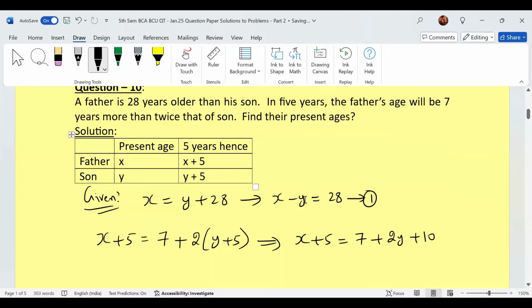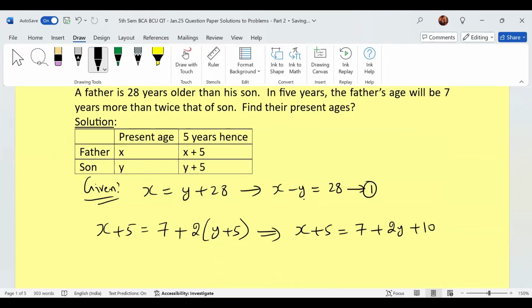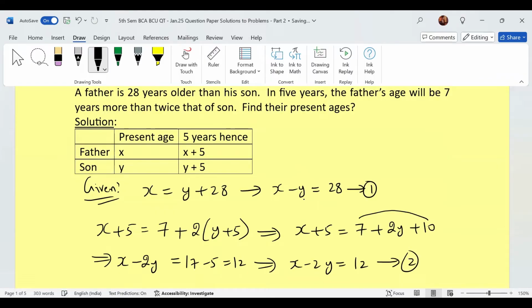Further simplifying this, we will bring all x and y to one side, which means x minus 2y is equal to, these two together is 17 minus 5, which is 12. So I will rewrite this equation as x minus 2y is equal to 12. Call this as second equation.